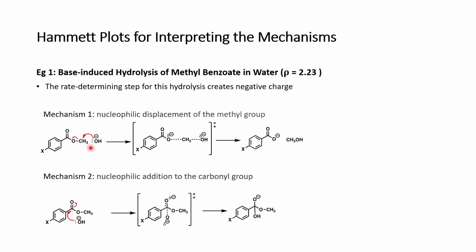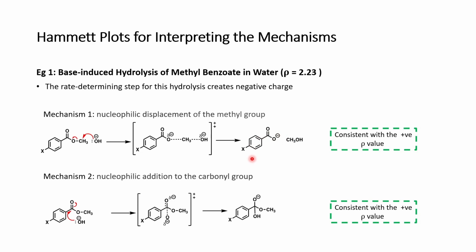If you compare both reactions very carefully, you can see in both reactions, in the rate determining step, they are forming a negative charge. So since both of the reactions form negative charge during the rate determining step, we can say that rho values support either mechanism, and both reactions are consistent with the positive rho value.